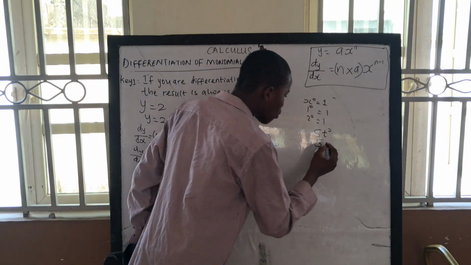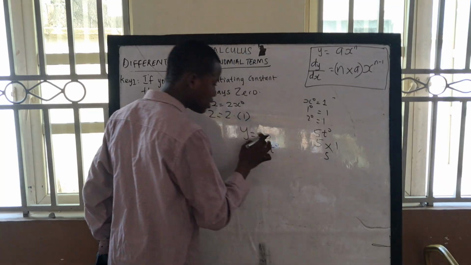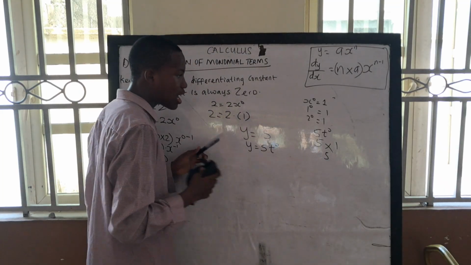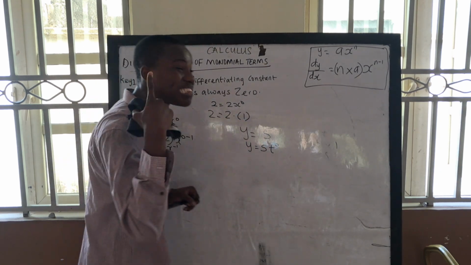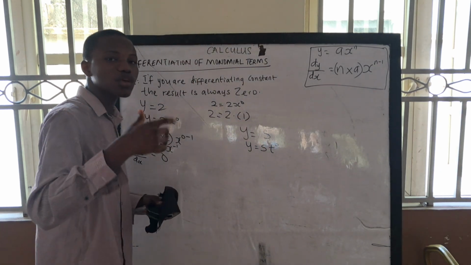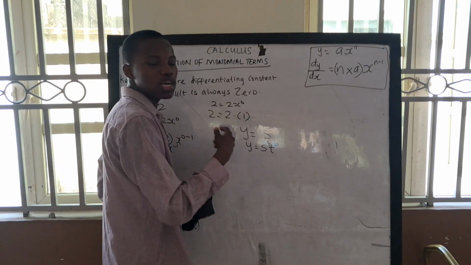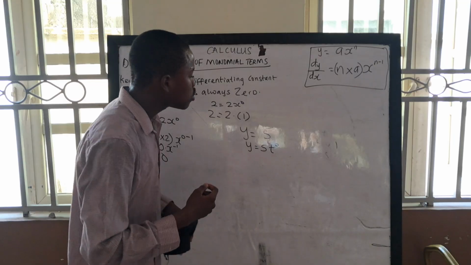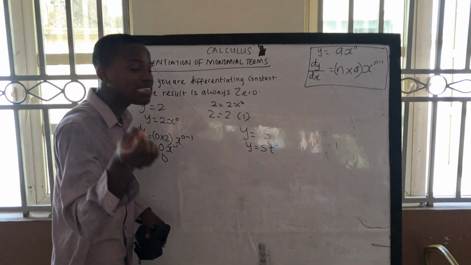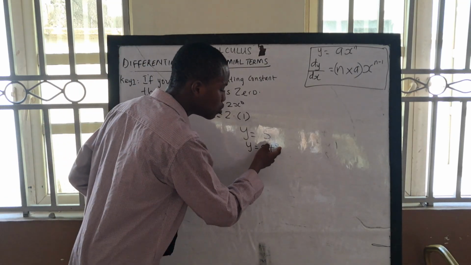T raised to power 0 is 1. What's 5 times 1? 5. This is still the same thing. I just have to include the t because they asked me to differentiate with respect to t. As long as I'm asked to differentiate with respect to w, I'll put w raised to power 0. If I'm asked to differentiate with respect to z, I'll put z raised to power 0. So because I'm asked to differentiate with respect to t, I put t raised to power 0.